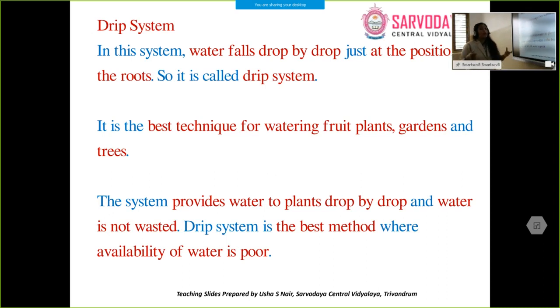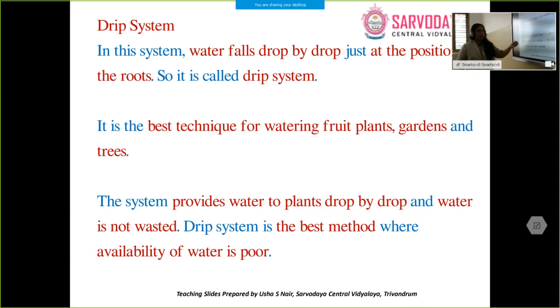So you must understand that the use of water is done economically. We are not wasting water. Directly it goes, drop by drop, to the position where the roots are. It is the best technique for watering fruit plants, gardens and trees. This is one of the best modern techniques for watering fruit plants, gardens and trees.